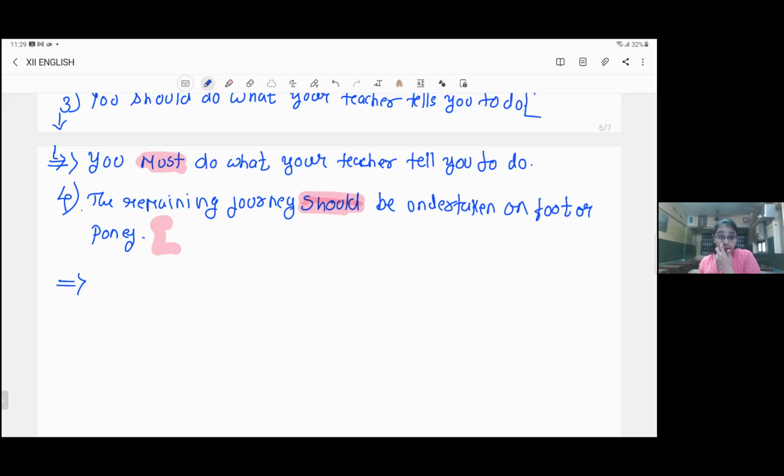And when we are using the modal can, you are replacing it, so it is showing the possibility.